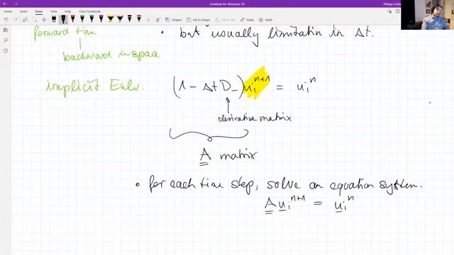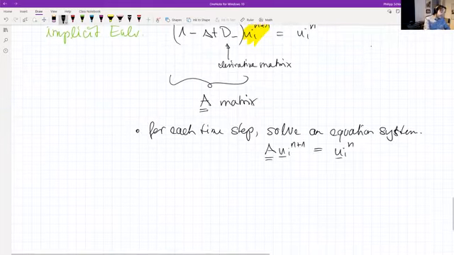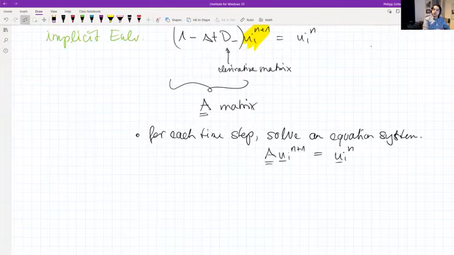And of course, this is much more expensive and much more complicated to do than just following the rule that I wrote here for the explicit Euler. That is also a typical consequence of implicit schemes, that at some point in the time integration, you need to invert the system. You need to solve a system.